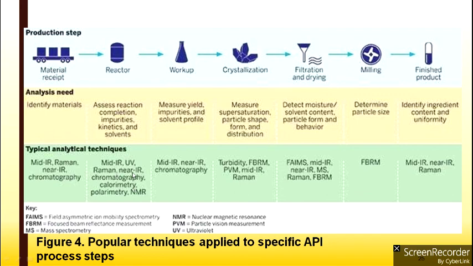There will be UV-visible spectroscopy, Raman spectroscopy, chromatography techniques, etc., to analyze the impurities present and the kinetics involved, like whether the yield is okay, how much solvent, whether the pH is impacting the product. All that you can study here. And here you identify the yield, the impurities present, and the solvent concentration with these instruments.